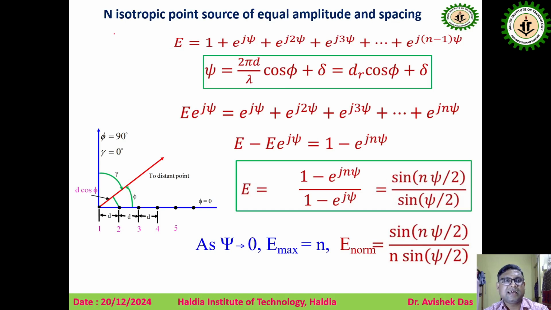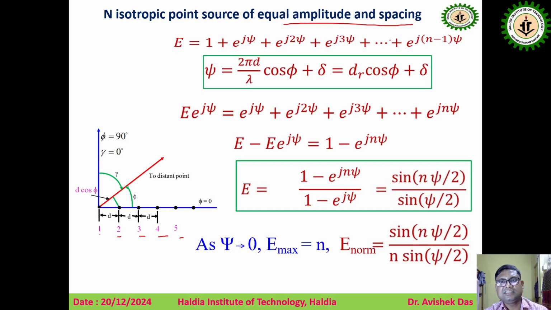Okay, next is the n isotropic point sources of equal amplitude and spacing. When there are n isotropic antennas, this one is antenna 1, this one is 2, this one 3, 4, 5. Similarly, if n antenna elements are placed, and the distance between two antennas is d, then what is the total radiation?